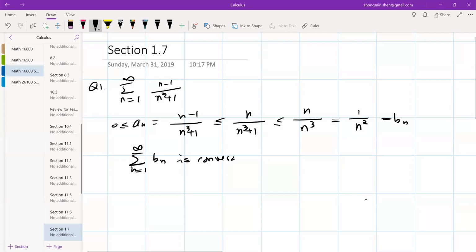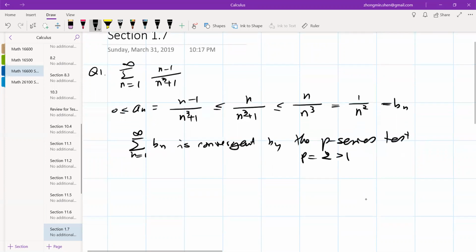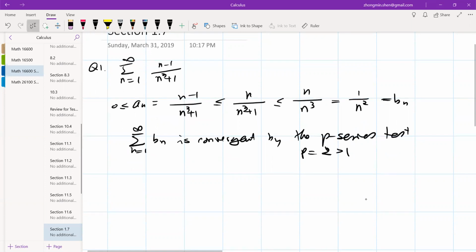Why is it convergent? By the p-series test, p is 2, which is greater than 1. Since the sum of bn is convergent, you conclude that the series an is convergent by the comparison test.